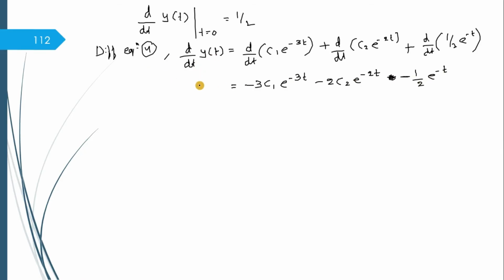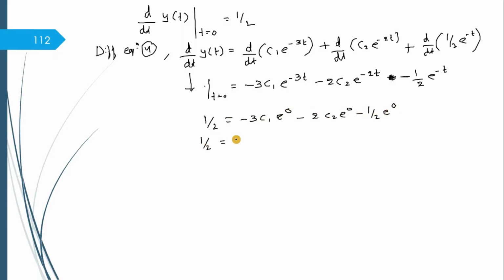So when I substitute the initial conditions, t equal to 0, I have to supply the same thing with t equal to 0 here. So I get 1 by 2 is equal to minus 3 c1 e raised to 0, minus 2 c2 e raised to 0, minus 1 by 2 e raised to 0.